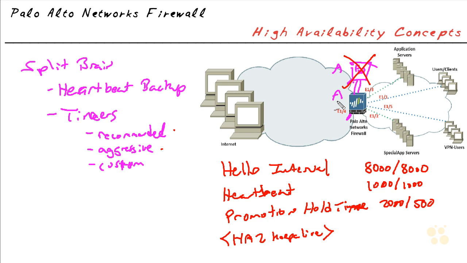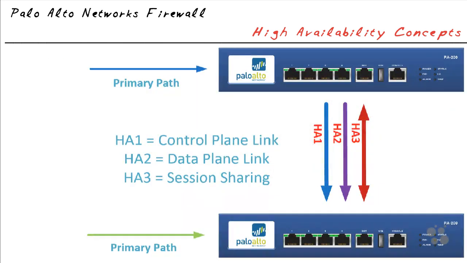Now, let me go back and look at our graphic real quick. When I go into the active-active world, in addition to the previously described HA1 and HA2 interfaces, we actually add an HA3 interface too. This is used for, we'll call it session handoff, or session sharing, if you will. So basically, I have 2 primary paths.